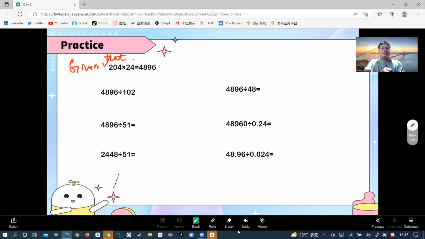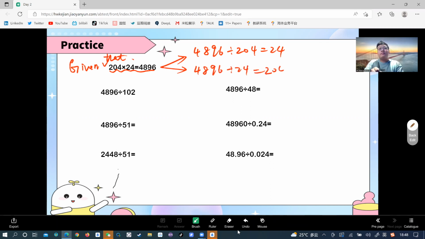The first step is that you're going to rewrite this multiplication into 2 divisions. One is that 4,896 divided by 204 equals 24. And another one is going to be like this, 4,896 divided by 24, you got 204. So let's say this is calculation 1 and this is calculation 2 here.